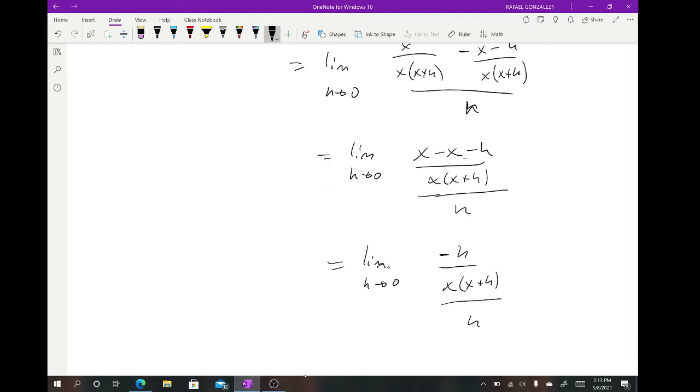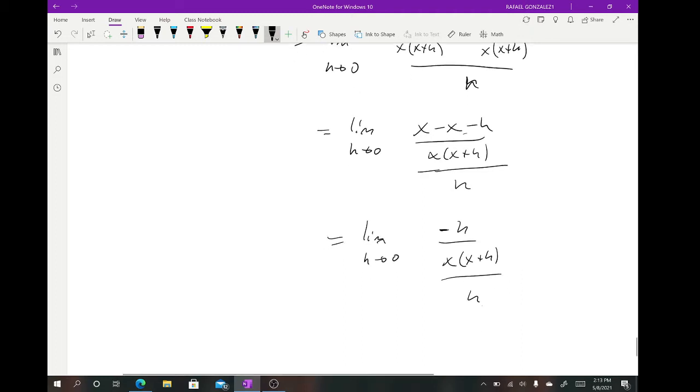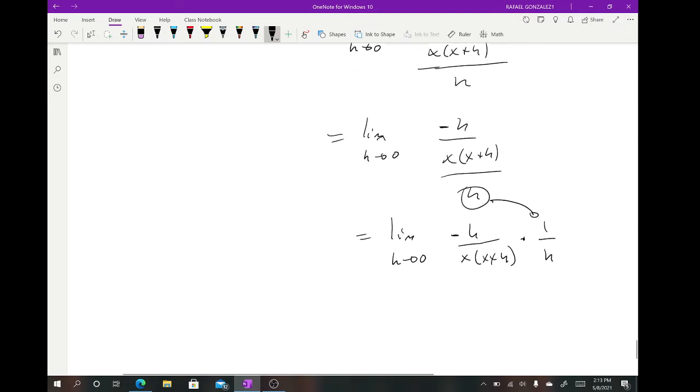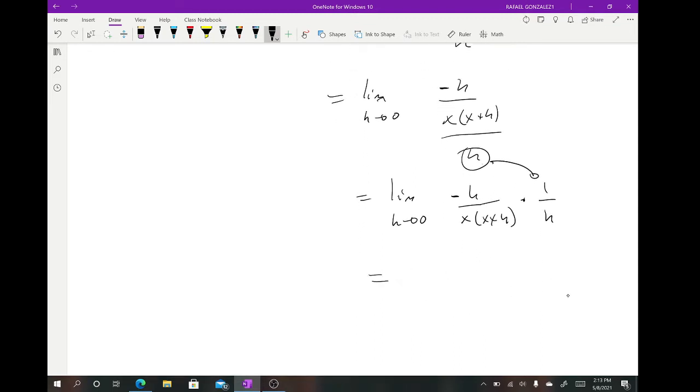Now, because it's a complex fraction, instead of dividing by h, I'm going to multiply by its reciprocal, which is 1 over h. So that means I'm going to do the limit as h goes to 0 of negative h over x times x plus h, times the reciprocal of h, which is 1 over h. Now, so long as h is not 0, we can cancel the h in the numerator with the h in the denominator.